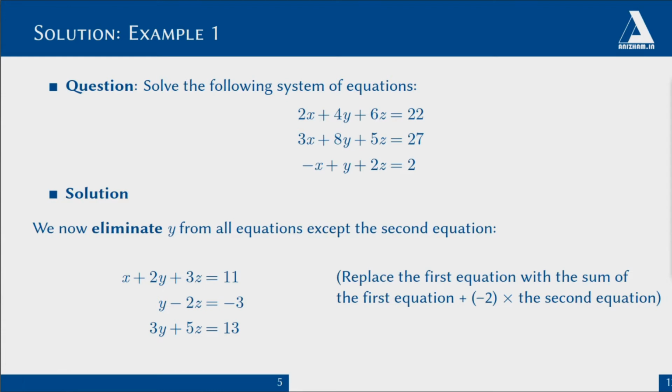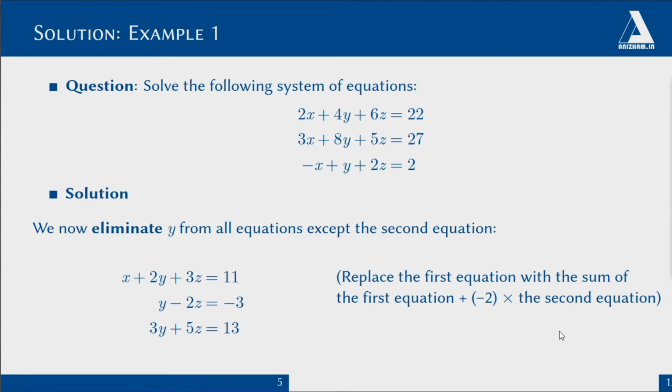Now in the system of equations, the coefficient of y in the second equation is 1. In the next step, we have to eliminate y from all equations except the second equation. So in order to eliminate y from the first equation, we have to subtract 2 times y from the first equation, or we have to replace the first equation with the sum of the first equation plus minus 2 times the second equation.